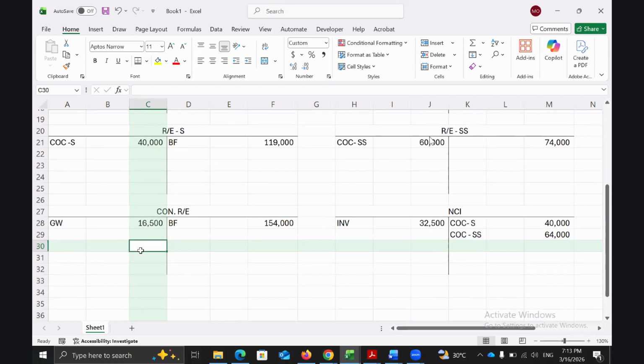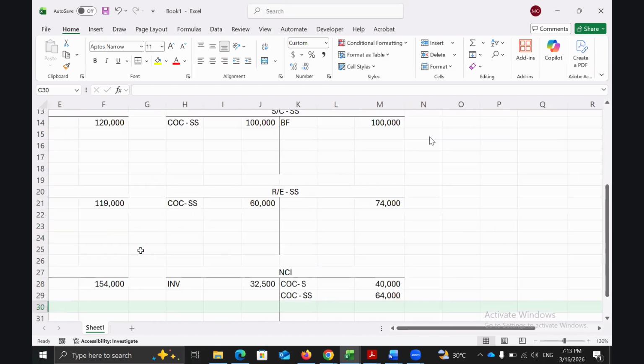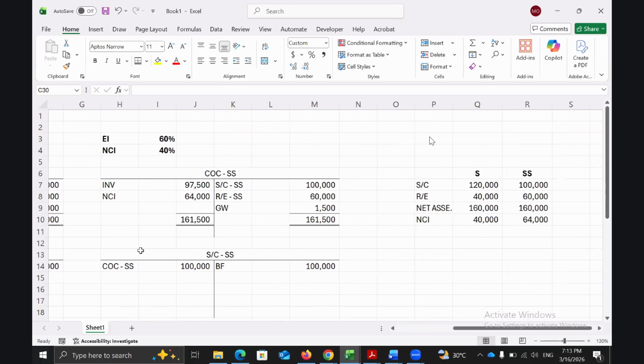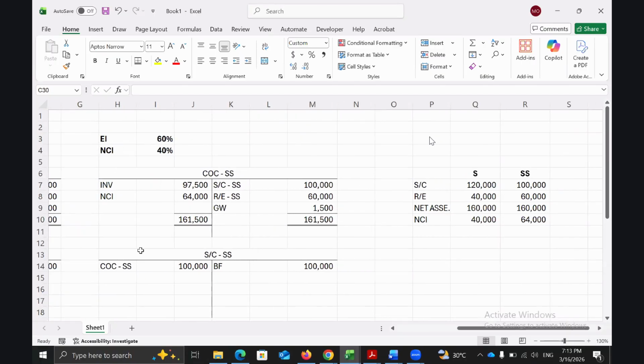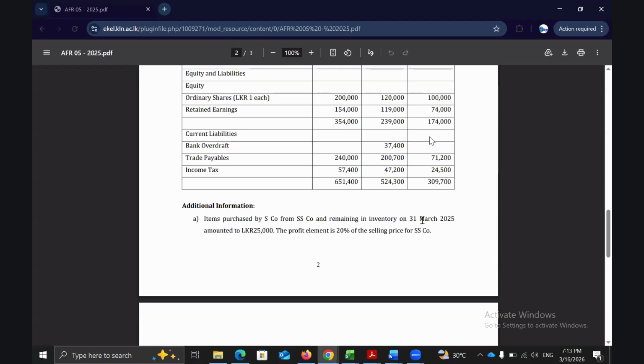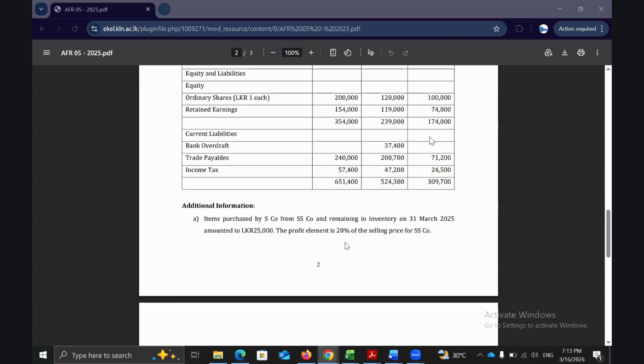Okay, anyway. The adjustment will go for the group. Then quickly calculate the unrealized profit. It's 5,000, as this is a margin. 20% is a margin, 20% of the selling price.